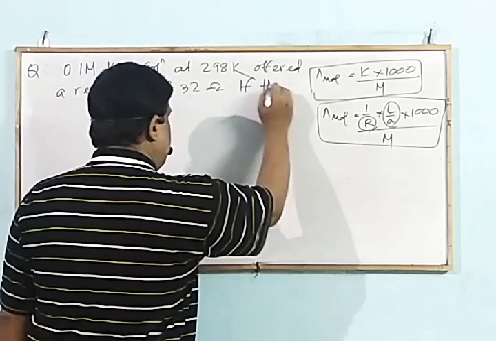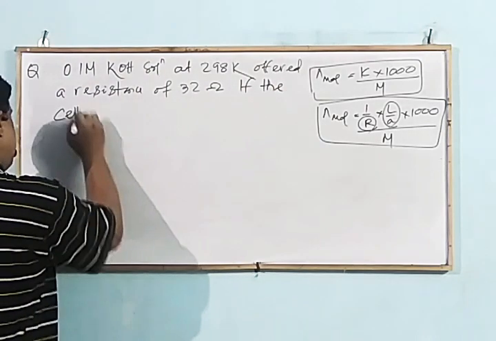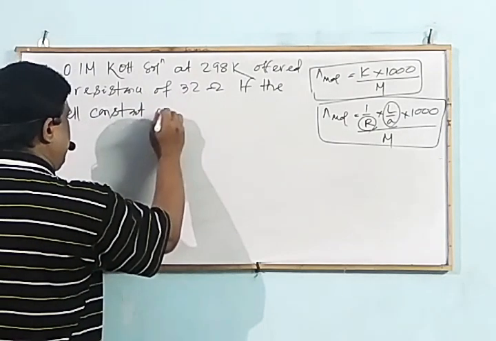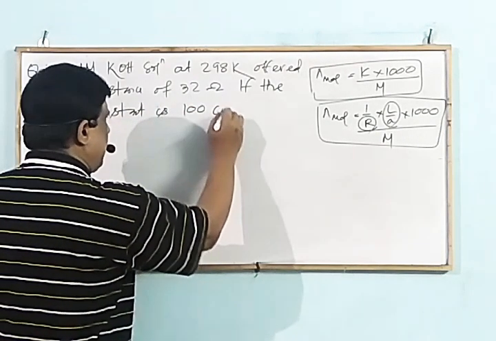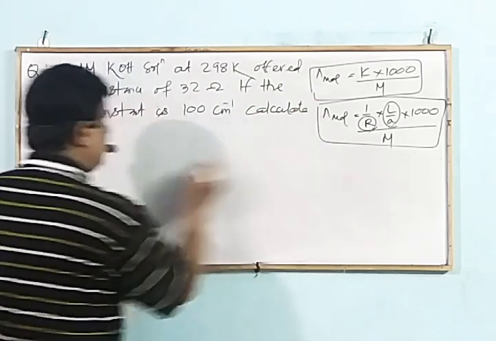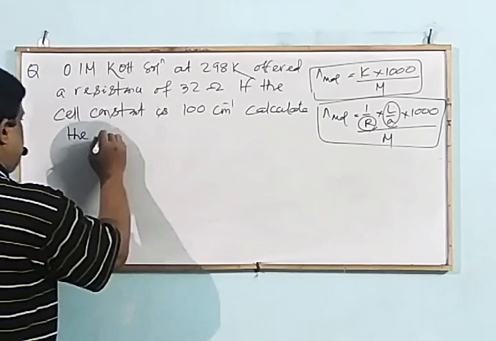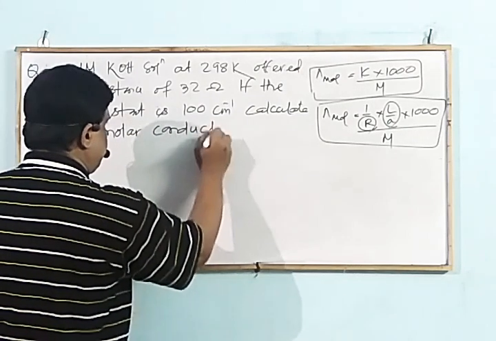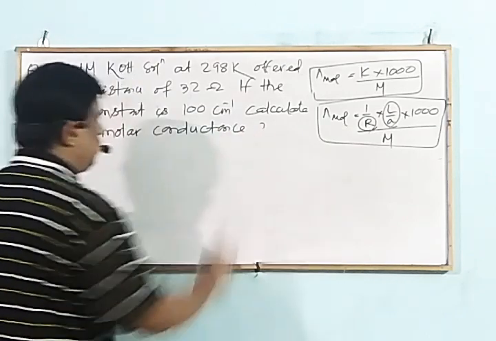If the cell constant is 100 cm inverse, calculate the molar conductance.